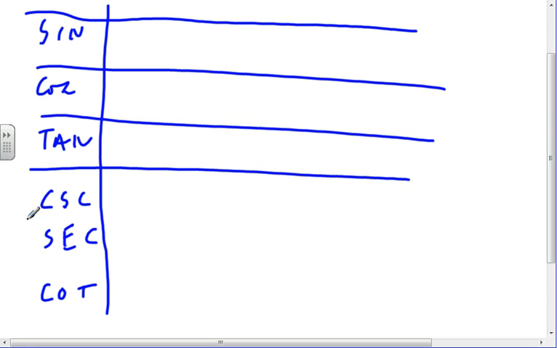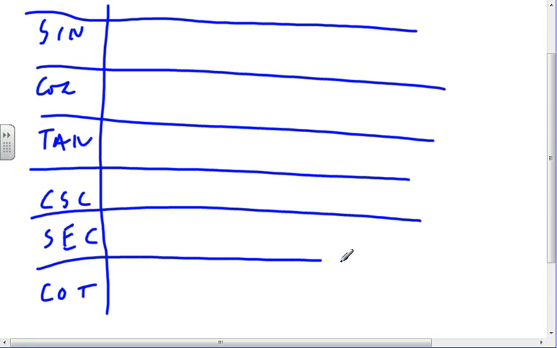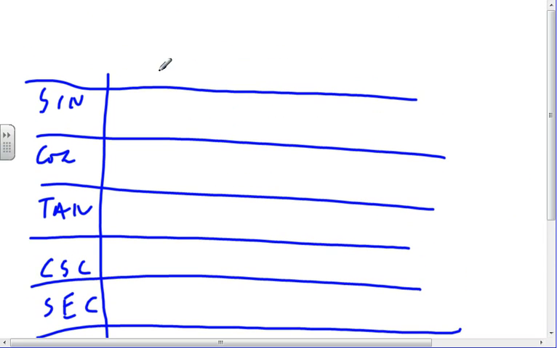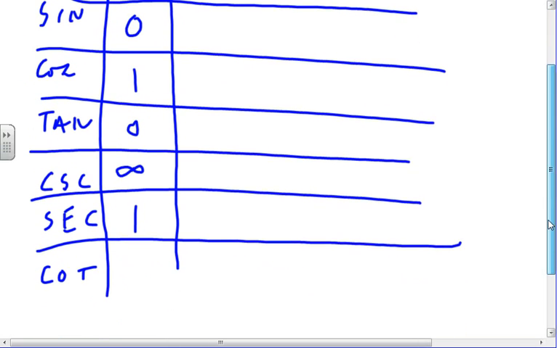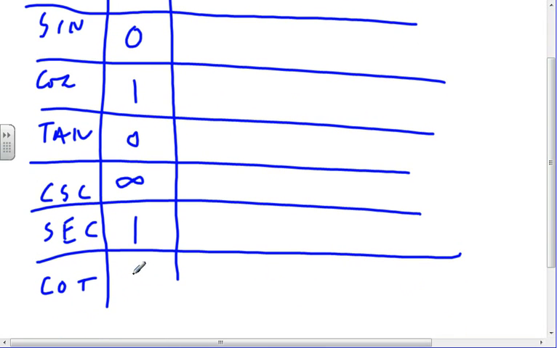I'm going to think of it in terms of radians. Okay, so I got 0 radians. Sine is 0, cosine is 1, tangent is 0, cosecant is undefined, secant is 1, cotangent is undefined.